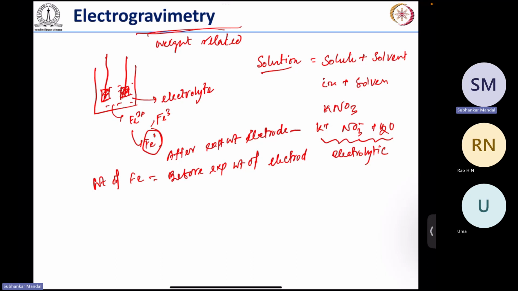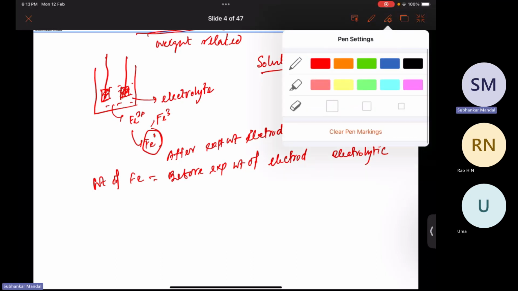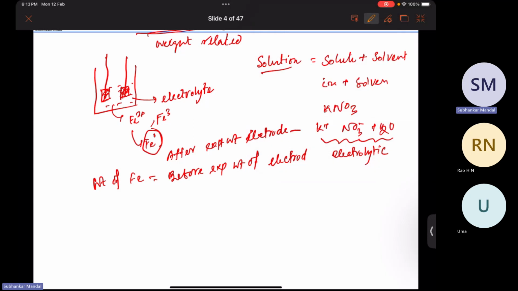Before going to more details of electrogravimetry, you should know some terms, that is Faraday's law. Faraday's law has two statements. One statement is about how much amount will deposit on the electrode surface.